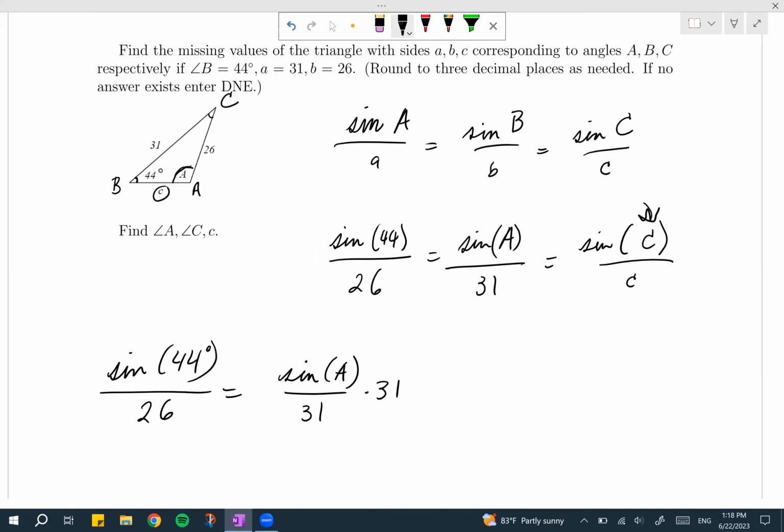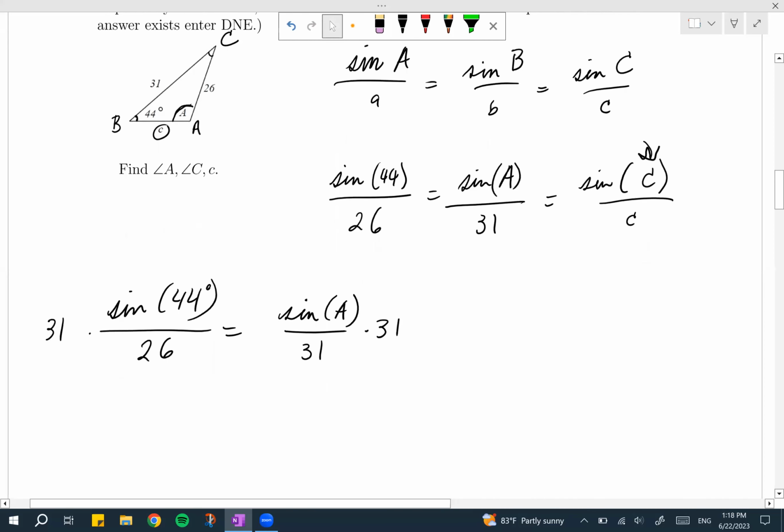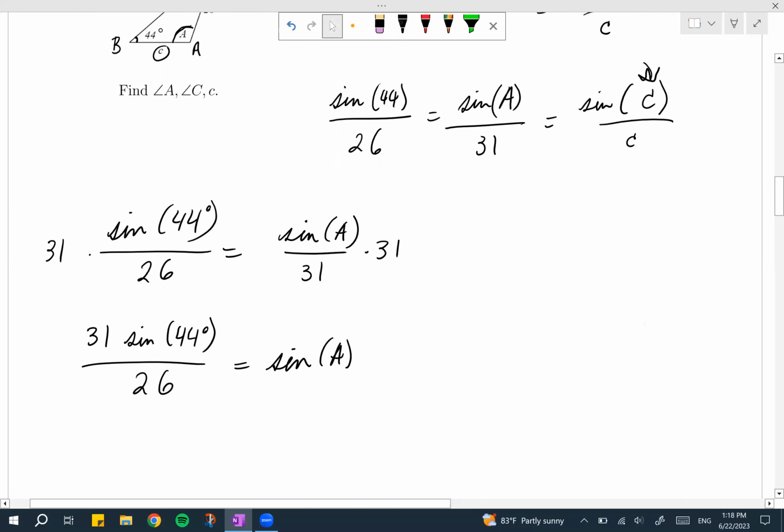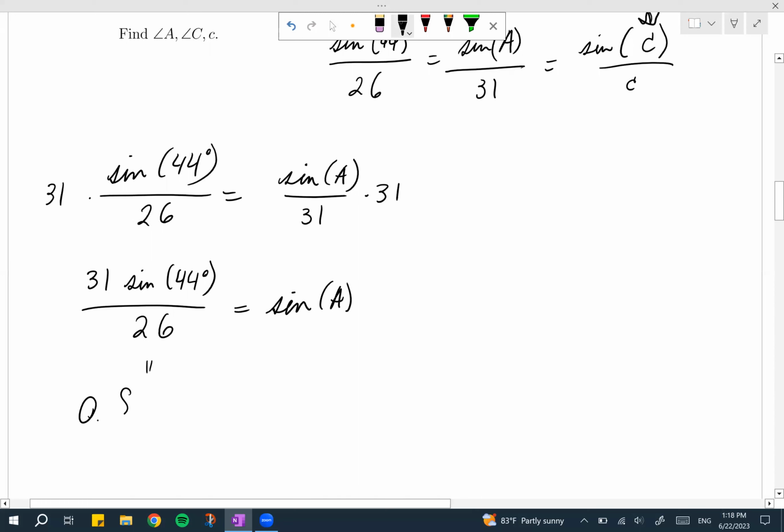I'm going to multiply by 31 on both sides, and that's going to give me 31 sine of 44 degrees over 26 is equal to sine of big A. So I'll plug this in my calculator: 31 times sine of 44 over 26. This whole fraction is 0.828265. This is sine of big A.